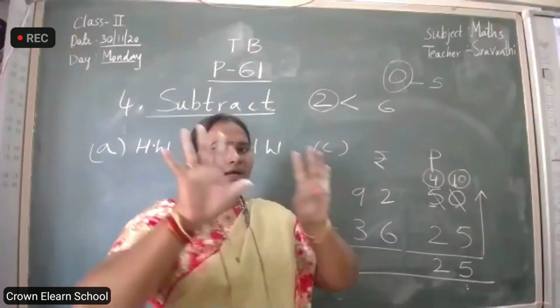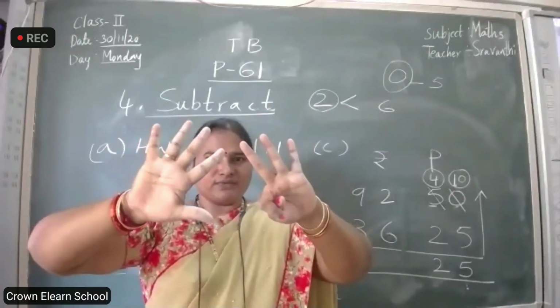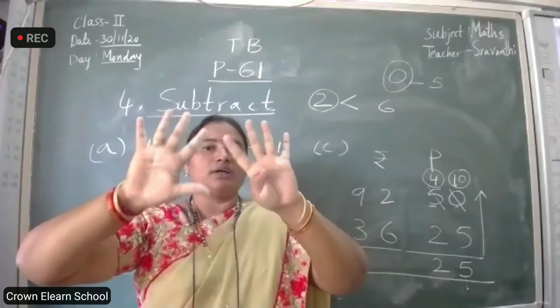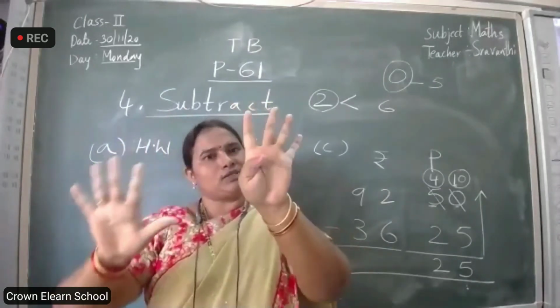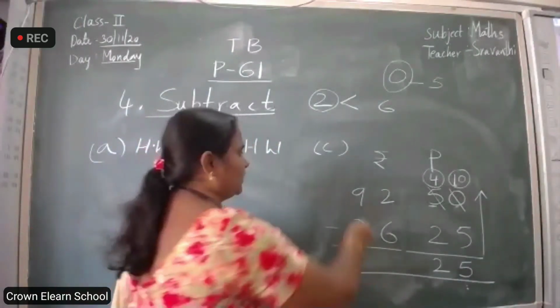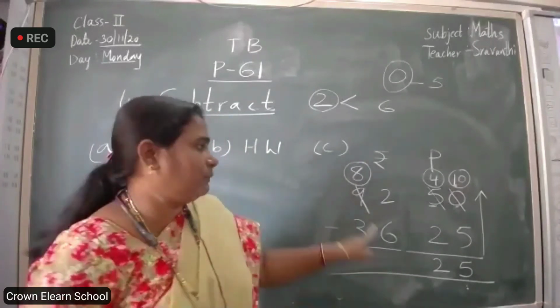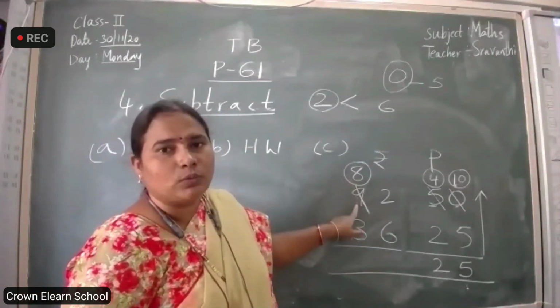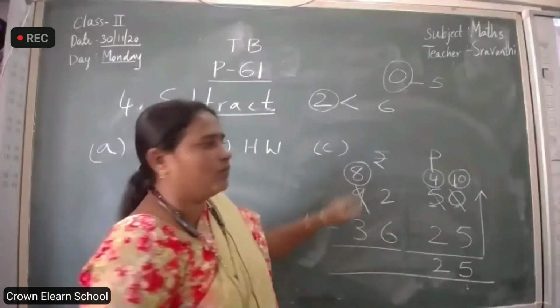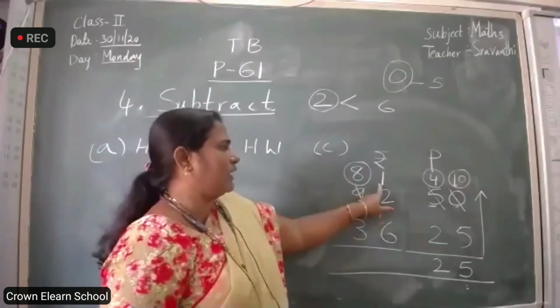Give on the side. Now how many left? 9 gives 1, 8 left. So 9 becomes 8. Why does 9 become 8? Because it is giving 1 here.